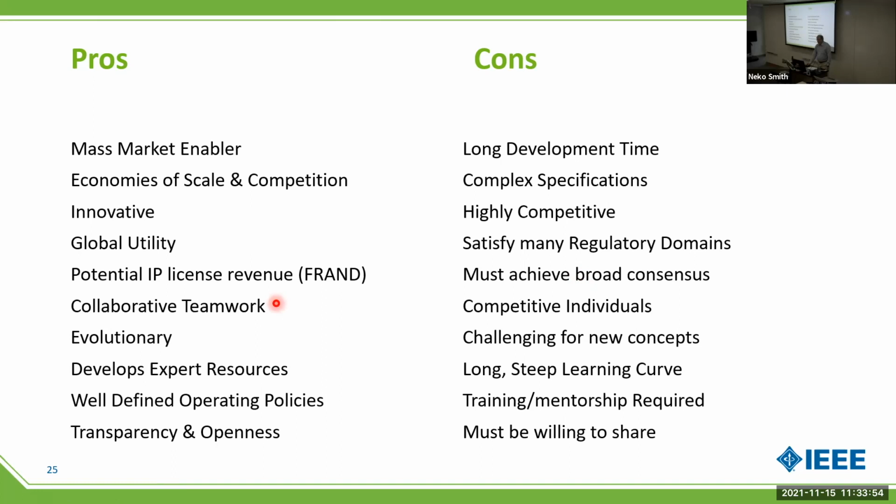We see a lot of collaborative teamwork inside of 802, but some people, and I'm talking about individuals, are extremely competitive. And that's a good and a bad thing. Competition is good up to a point, but when it starts getting nasty, that's not good. And that happens occasionally. We're evolutionary.